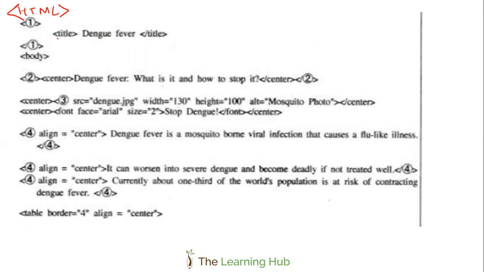So the title is dengue fever, and we close the title again, but it is within number 1. Title comes inside the head. There are 2 parts to an HTML document, the head and the body. Just like us, what goes inside the head is all the information about the page, whereas the body contains the information that is displayed itself.